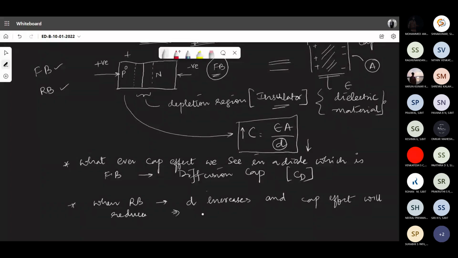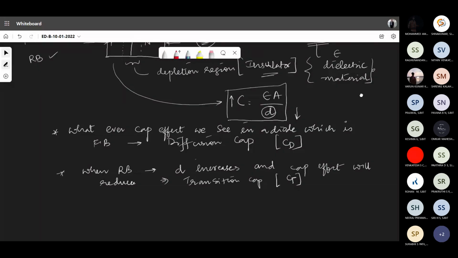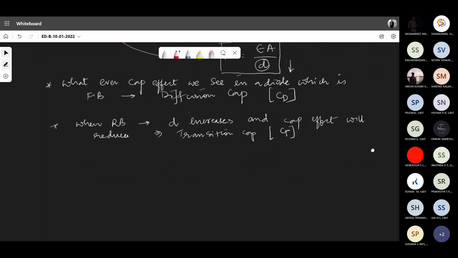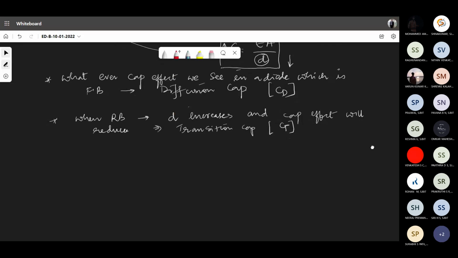And this kind of capacitance effect is called the transition capacitance, which is indicated as CT. So there are two different types of capacitance effect which appear based on whether you forward bias or reverse bias.